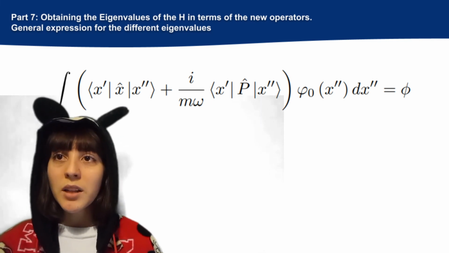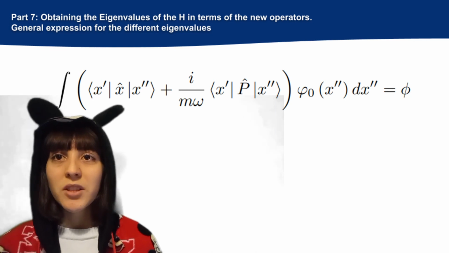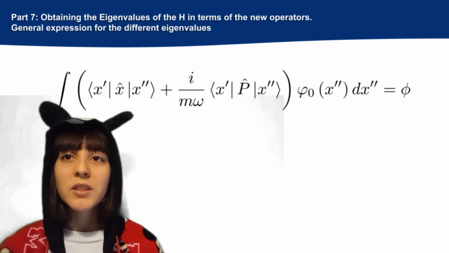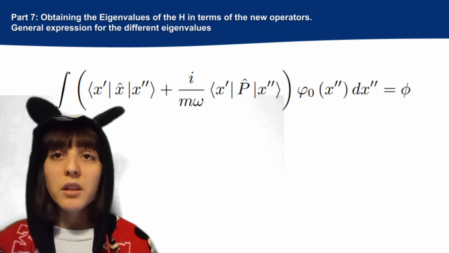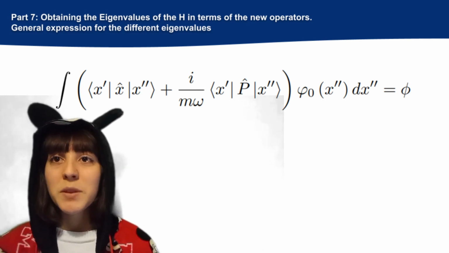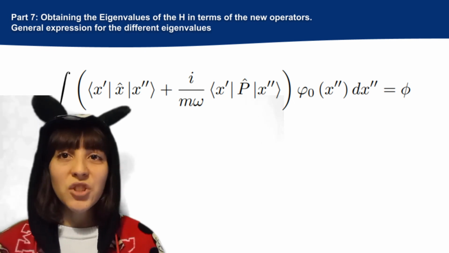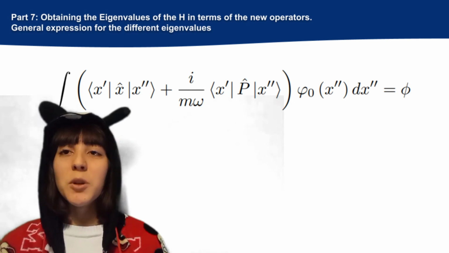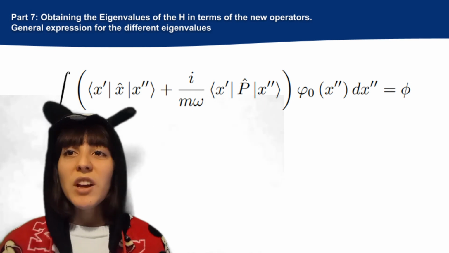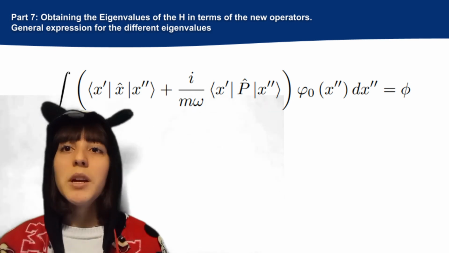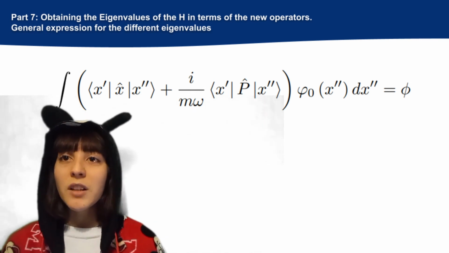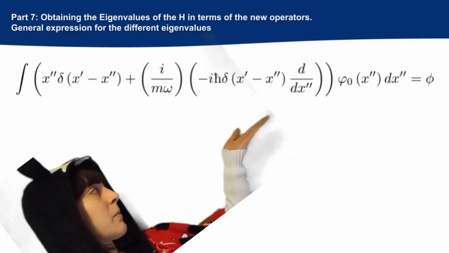Part of quantum mechanics is based on establishing operators associated with the parameters that describe the system. In this case, x, which describes position, and p, which describes linear momentum, are the position and momentum operators, respectively, whose action is diagonal over the position basis. Therefore, the integral is rewritten as this.